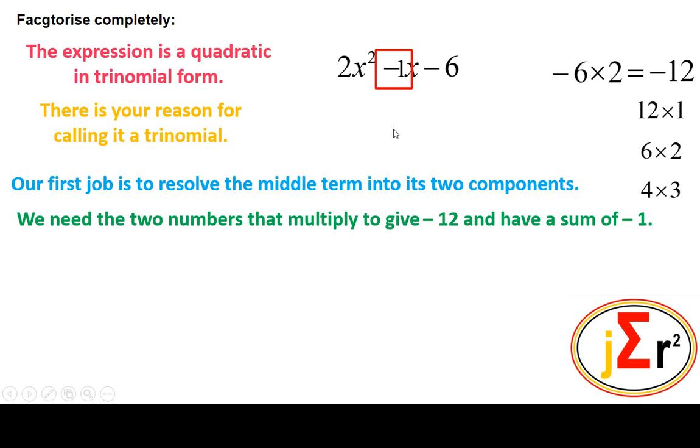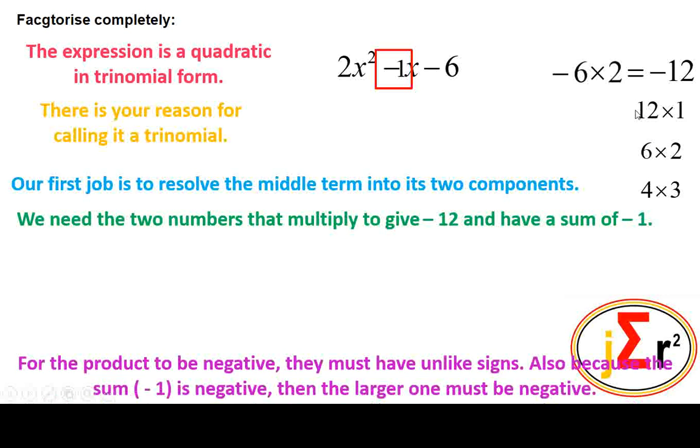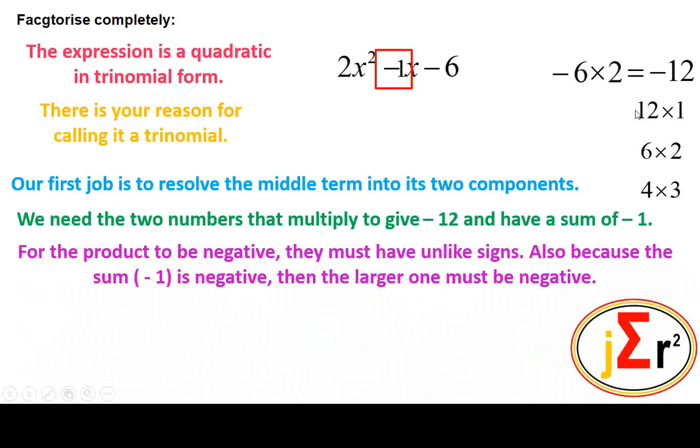What do we have there? We have here all of the possibilities, those that will multiply to give 12, but we are taking a look at -12, but we'll do this in a logical manner. For the product to be negative, the two numbers that we multiply must have unlike signs.